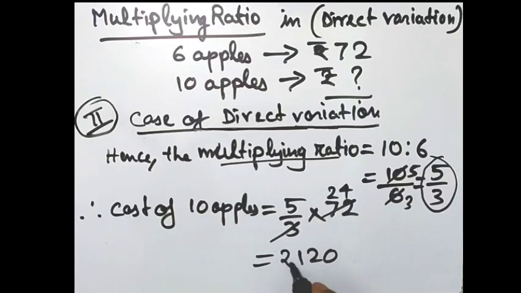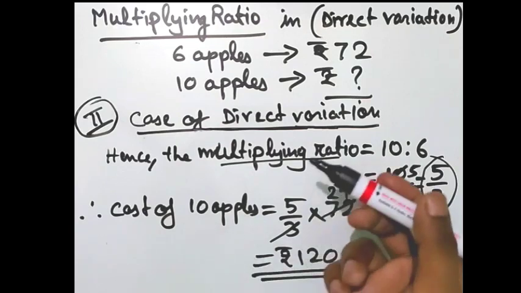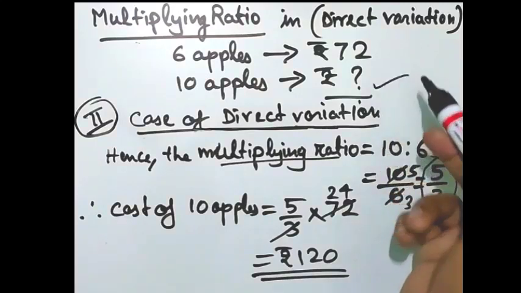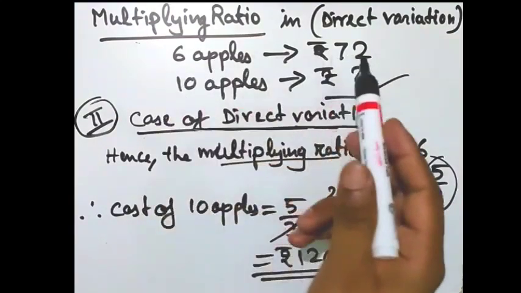So it is rupees 120, isn't it? So we have got the cost of 10 apples. This is a short method to find the answer in case of direct variation.